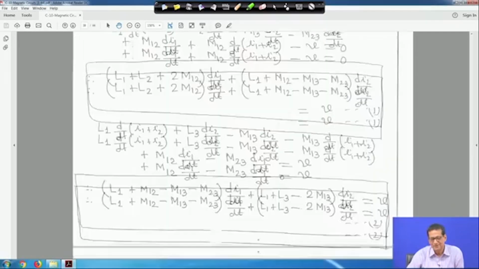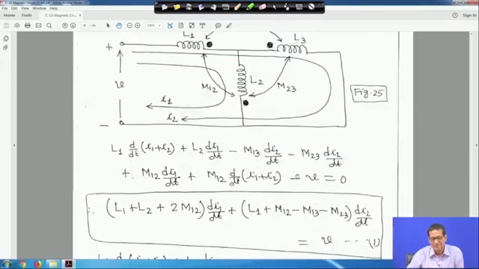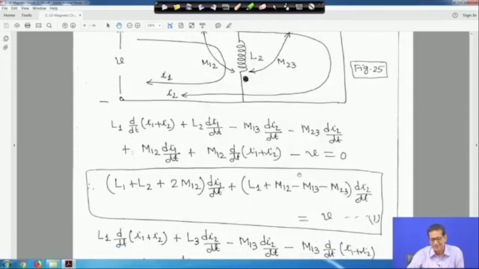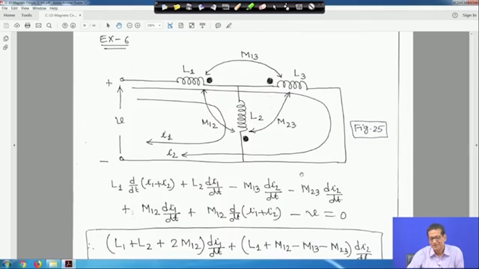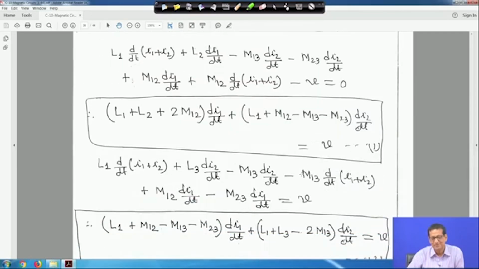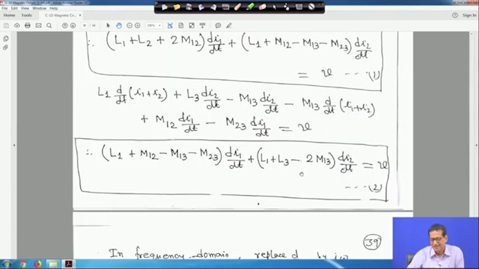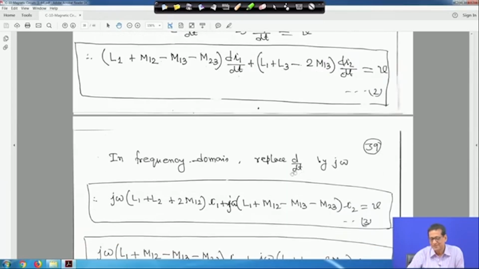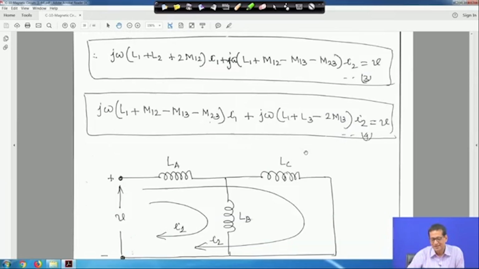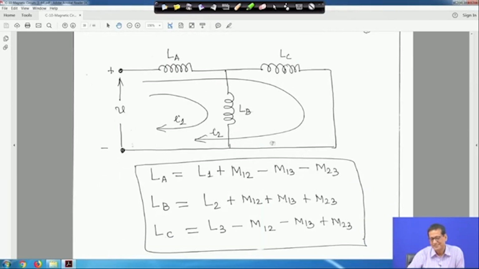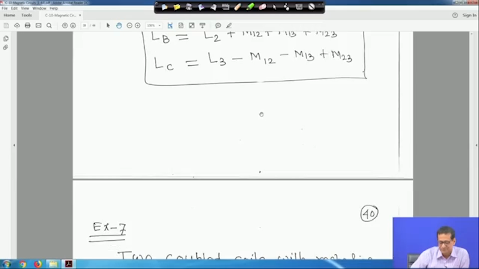Pause it, first draw the circuit, then write down all these equations one by one, and then in the frequency domain replace d by dt with j omega, and then see the equivalent circuit. This is an exercise for you, everything is given in front of you, right.